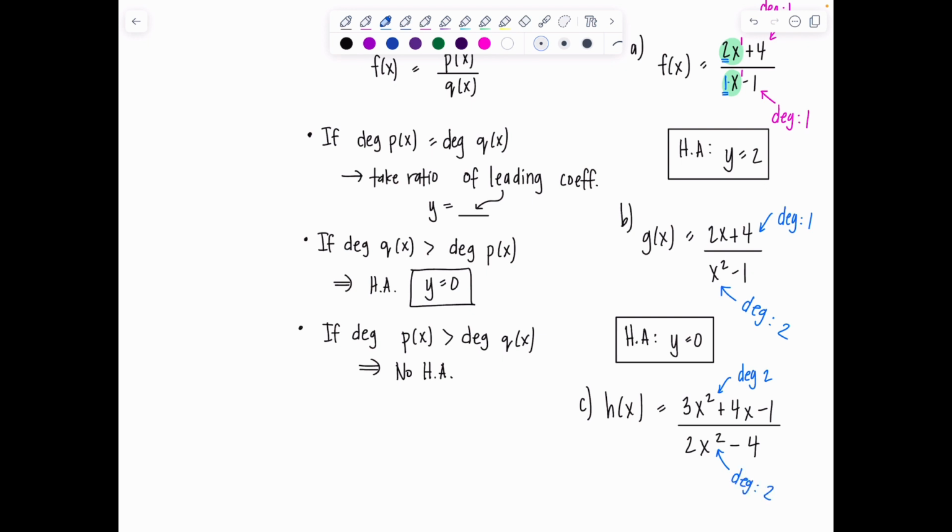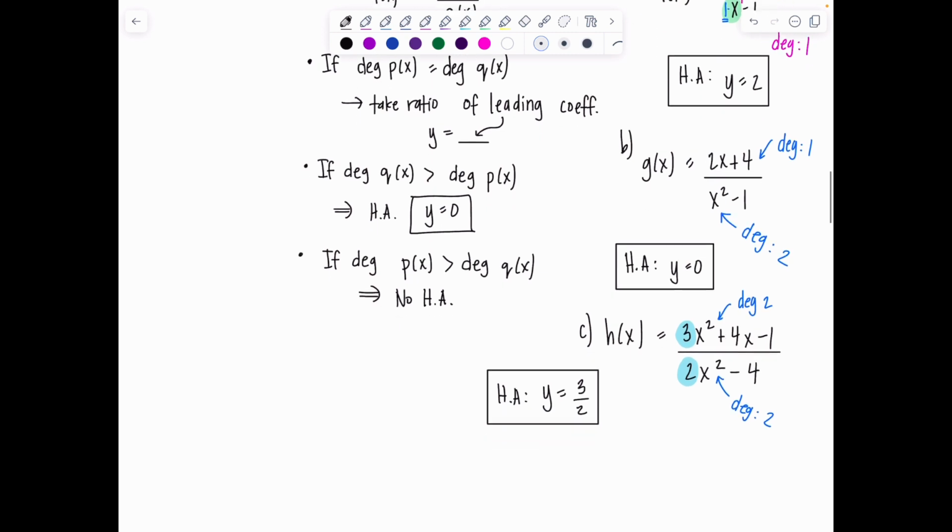So they're equal. So my horizontal asymptote is going to be y equals the ratio of the leading coefficients of those terms. So it's going to be at y equals 3 over 2. Like I said, don't worry, you're not going to graph anything as spicy as example C here. I just wanted to make sure you got the idea of how to find the horizontal asymptote.